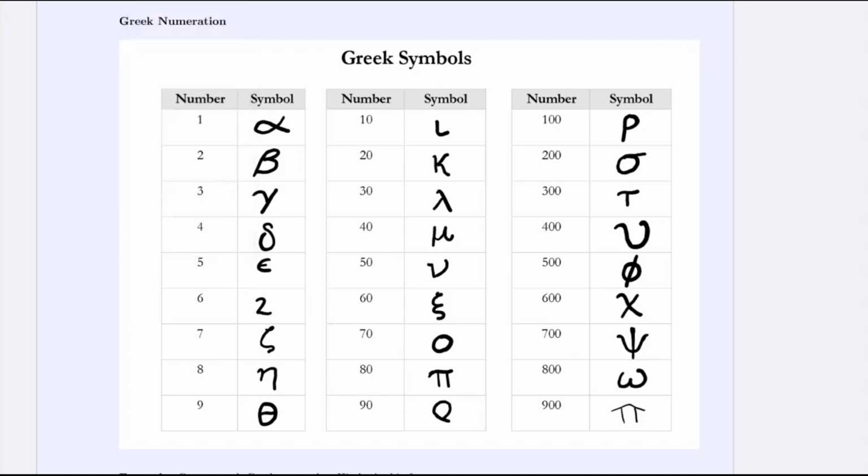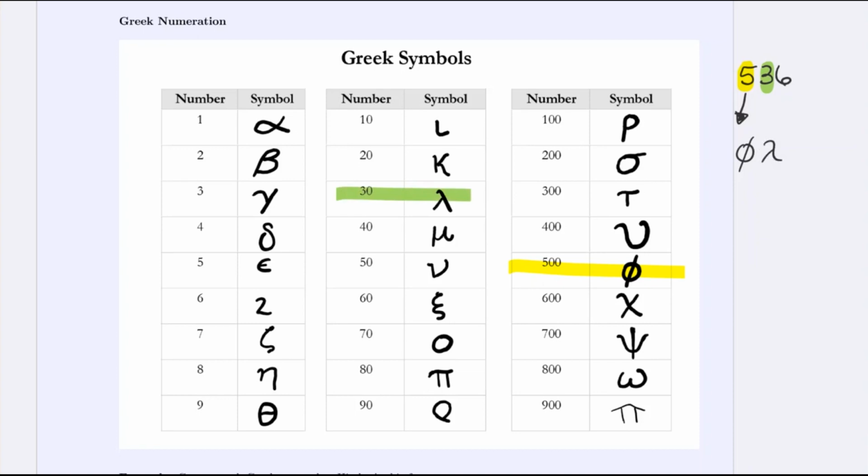So for instance, if I wanted to write 536 in Greek symbols, all I would do is get the symbol for 500, which we can find, since it's the 500 place, as this. Then I would have to express the idea that I've got 30, so you look for the 30 symbol.